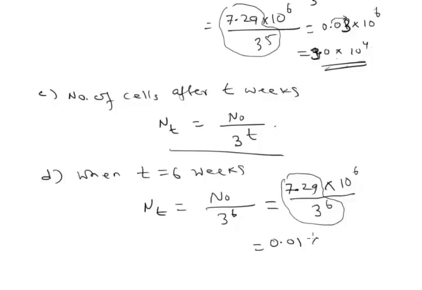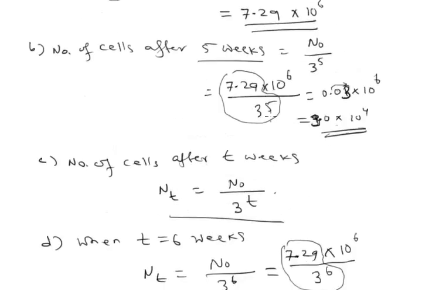So I just mixed up the calculations a little bit. Now 0.01, if we move the decimal point 2 digits right, we get 1.0, and the power reduces by 2, so it will be 10 to the power 4. So after 6 weeks the number of cells will be 1.0 times 10 to the power 4. So basically I mixed up these two calculations.